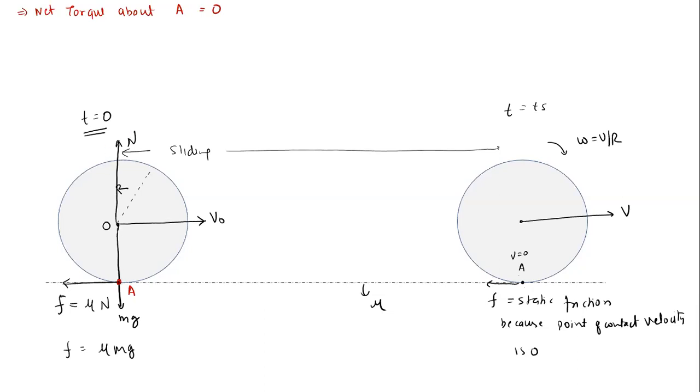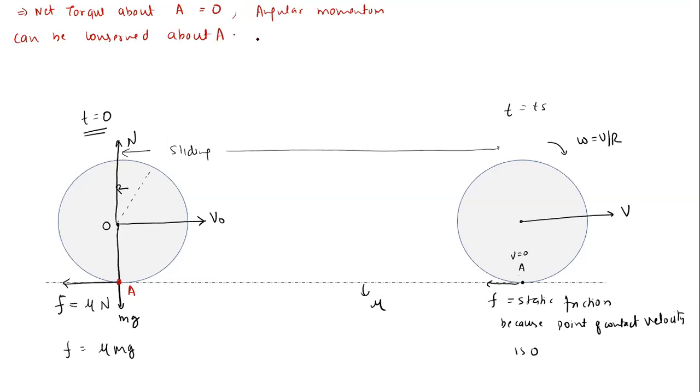If I take the torque about the point of contact, the net torque will be zero. Which means what? Can I conserve angular momentum about A? So the angular momentum can be conserved about A.